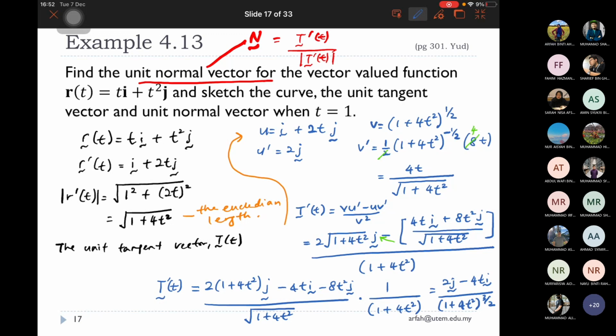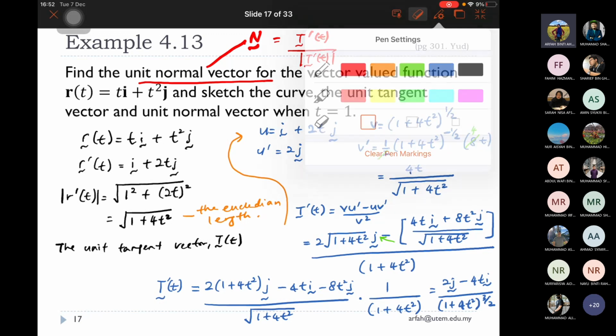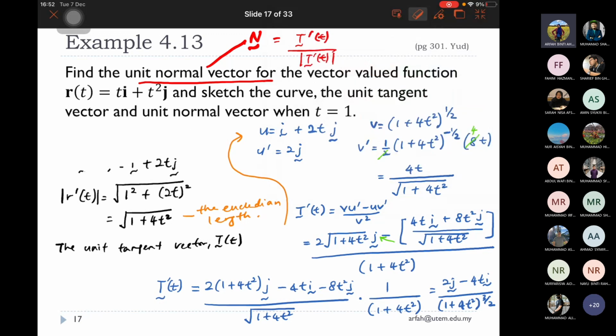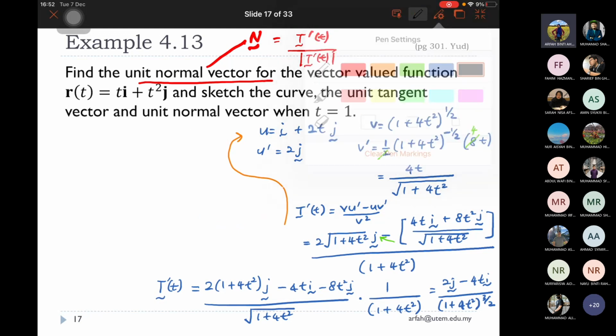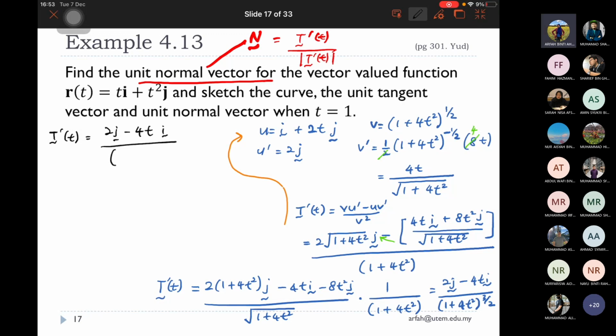Okay, done. So from here kita dapatkan dia punya derivative of the unit tangent vector. So kita dapat T prime t akan sama dengan 2j tolak 4ti over 1 tambah 4t squared kuasa 3/2.